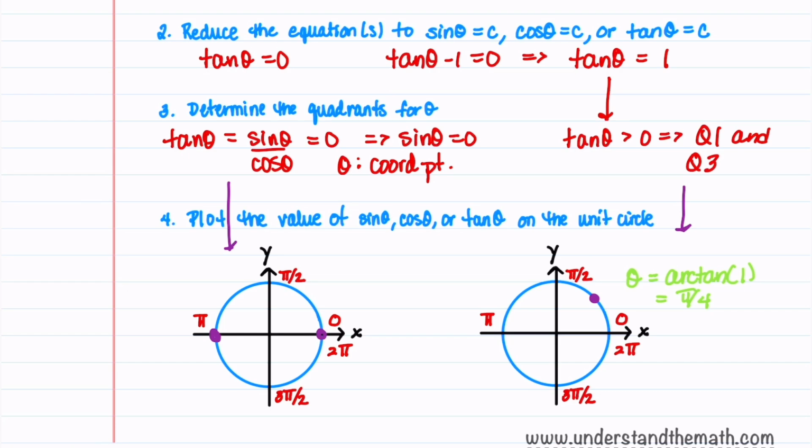And then we'll also pick up a solution in quadrant 3, and that's going to be pi over 4 plus pi, which is 5 pi over 4. We also could have gotten that using our reference angle, knowing that our theta was pi plus pi over 4. Let's summarize these solutions on our next page.